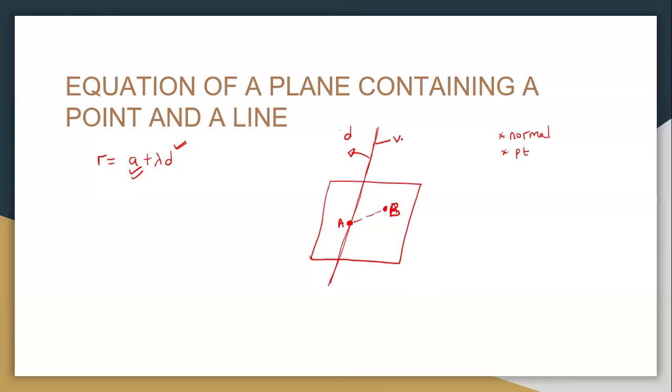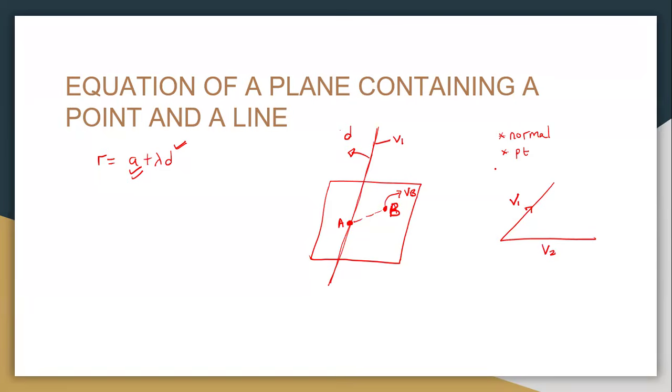I have this as my first vector, and I also have this as my second vector. Let me say this is vector 1 and this is my second vector v2.